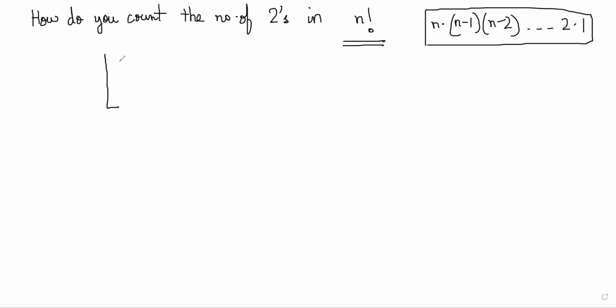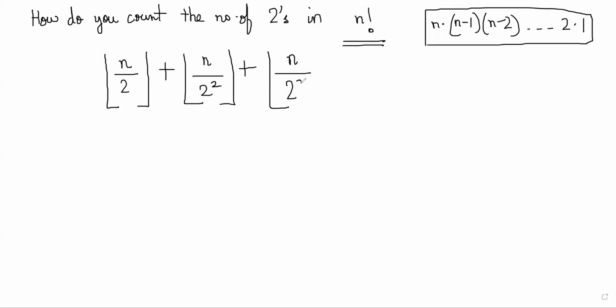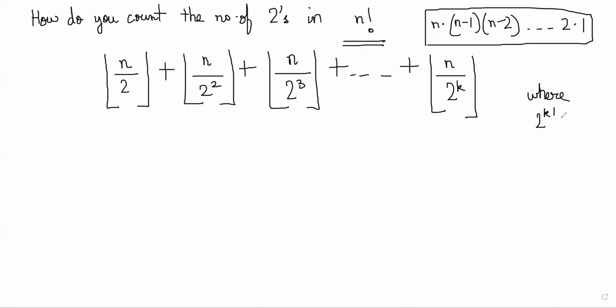It is floor of n by 2, plus floor of n by 2 square, plus floor of n by 2 cube, and so on till floor of n by 2 power k, where 2 power k plus 1 will be bigger than n.